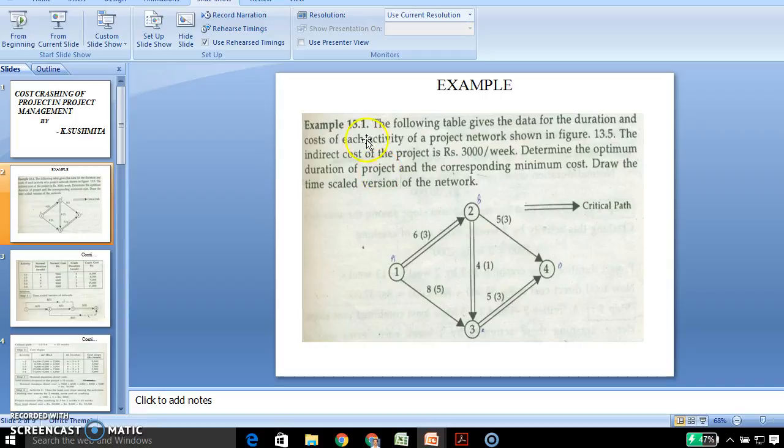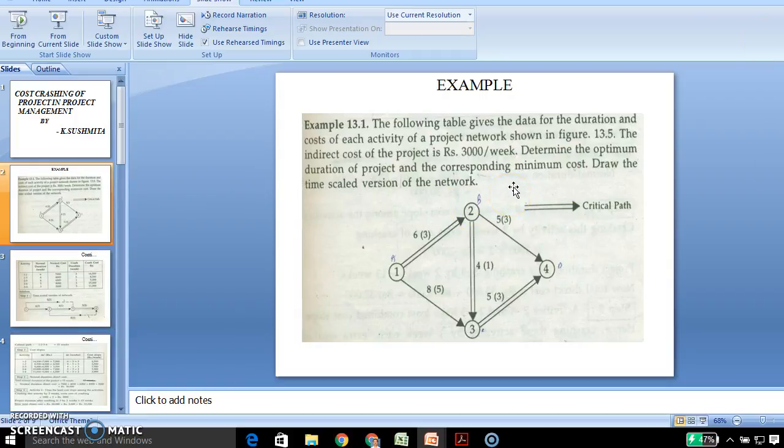Now coming to the example. Here the network is given. The duration and cost of each activity of the project are shown in the figure. The indirect cost of the project is 3,000 per week, and we should determine the optimal duration of the project and the corresponding minimum cost.